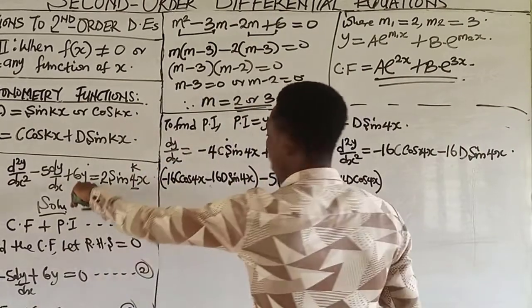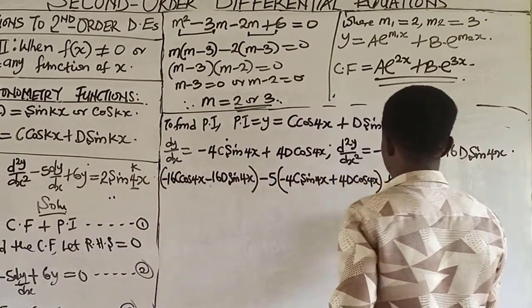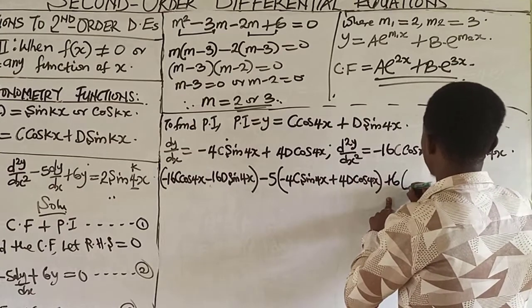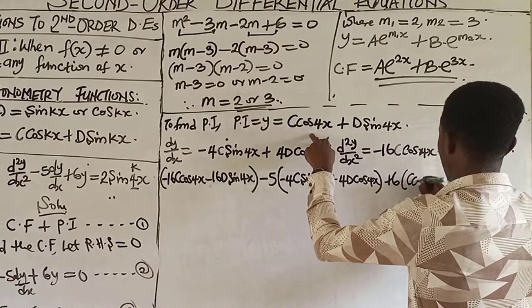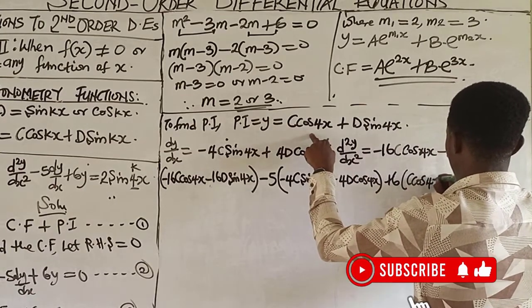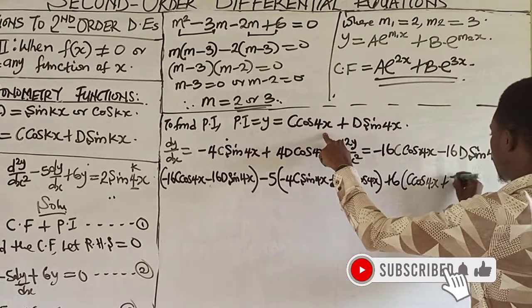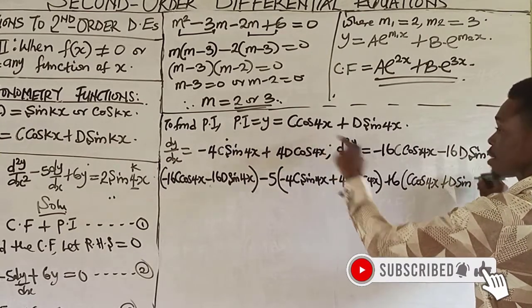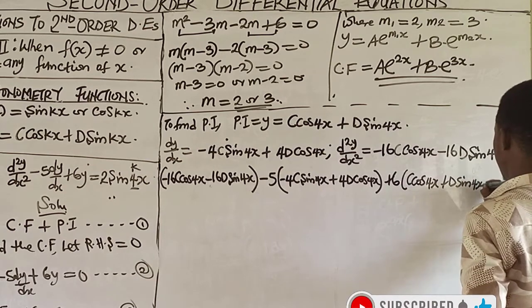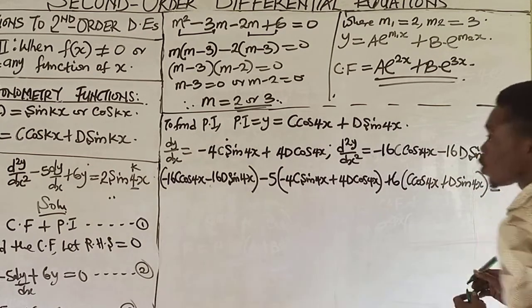Then for y, we now have plus 6 multiplied by y, which is c cos 4x plus d sine 4x, all is equal to.